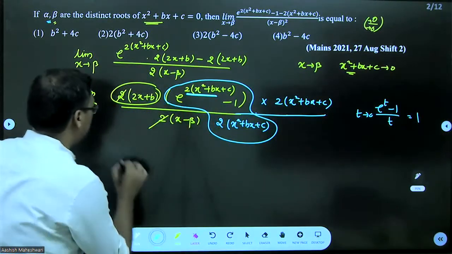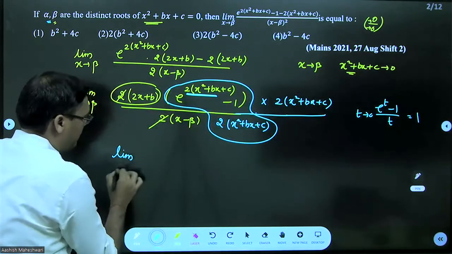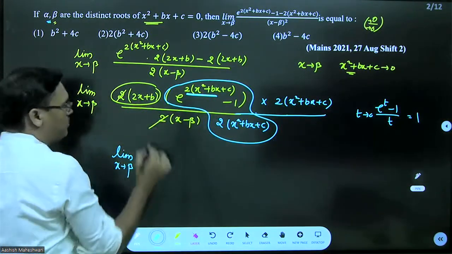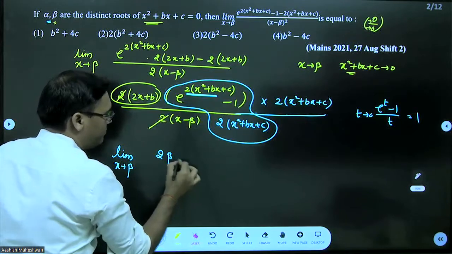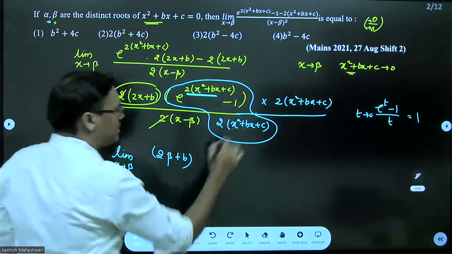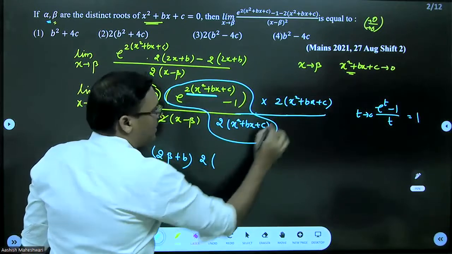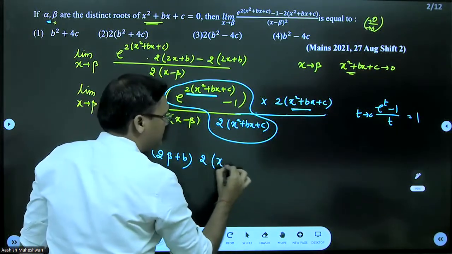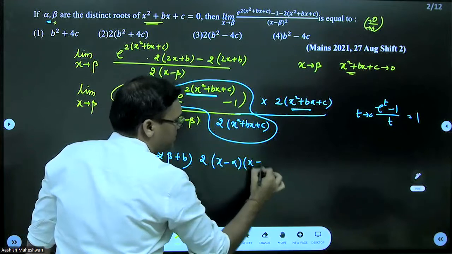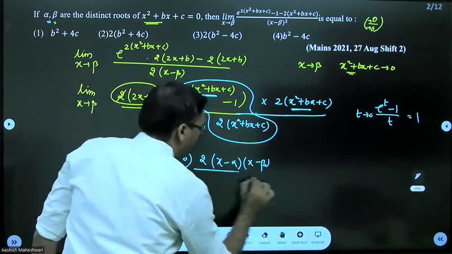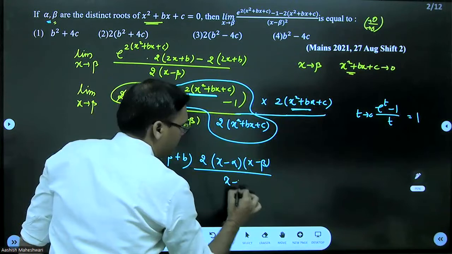Correct? So I can say this limit is limit x approaches beta. This is a non-zero value. You can see if I put beta here, this is 2 beta plus b. Right? This will become 2 beta plus b. And I can say x square plus bx plus c will be the same as x minus alpha into x minus beta, because alpha and beta are the roots of this equation, upon we have x minus beta.